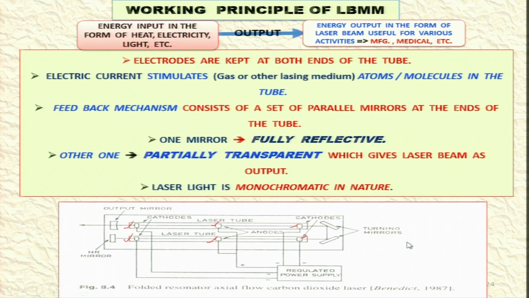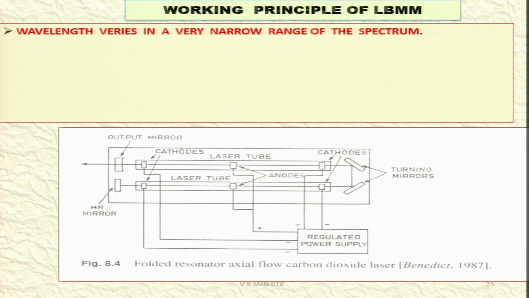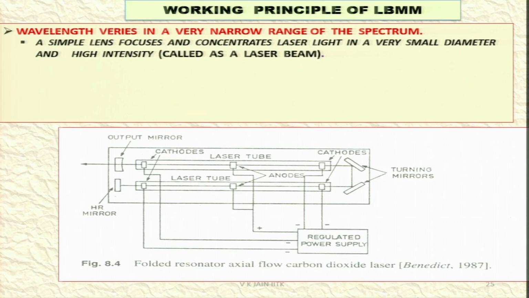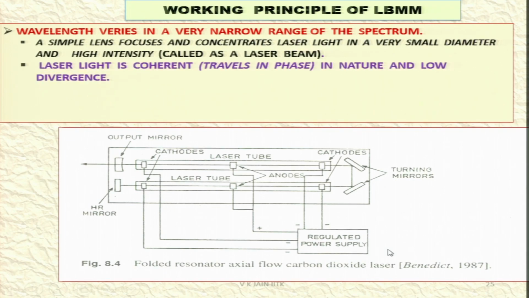So laser light is monochromatic in nature, we have already seen it. Wavelength varies in a very narrow range of the spectrum. A simple lens focuses and concentrates laser light in a very small diameter and high intensity, called a laser beam.